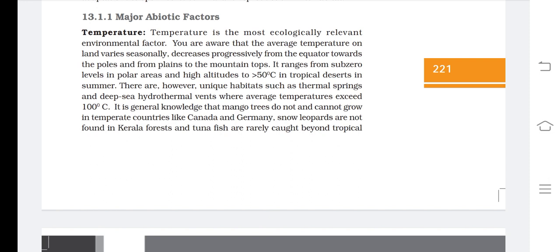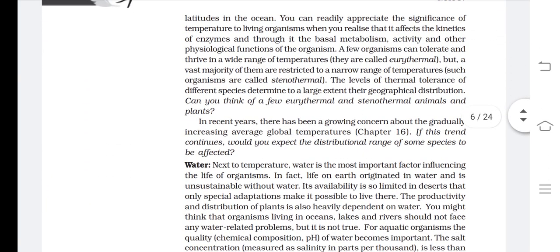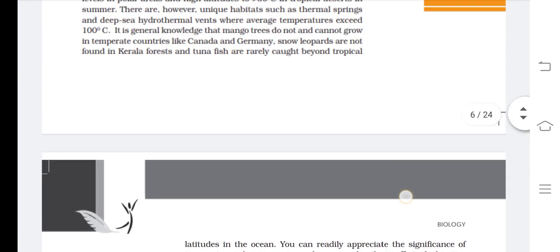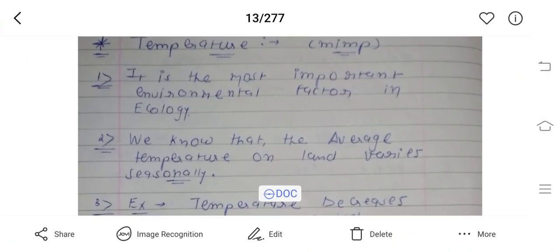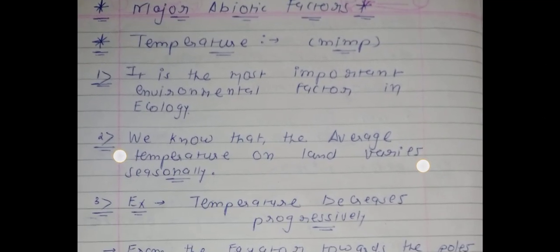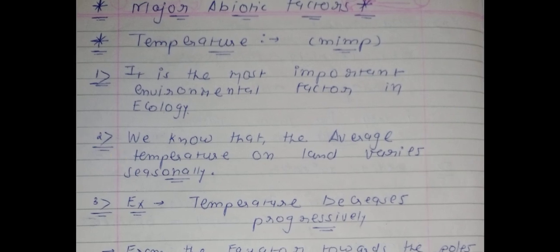For this question we will use the same method of easy language notes. So now see the title, major abiotic factors, and first one is temperature, which is the most important question.